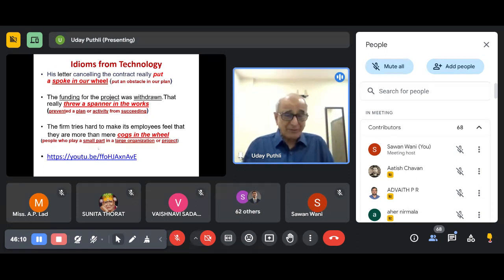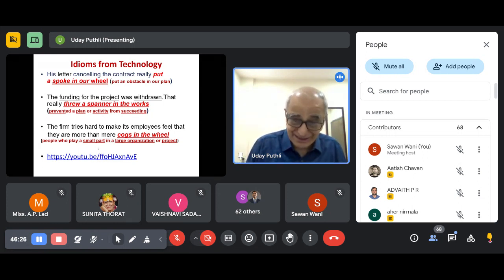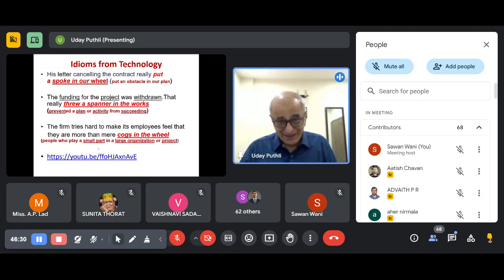Here comes another one. The funding for the project was withdrawn, and that really threw a spanner in the works. Now, it does not mean that you took a spanner and threw it into the machinery. It means it prevented a plan or activity from succeeding. Because the anomaly is like this: in a workshop, people have tools.